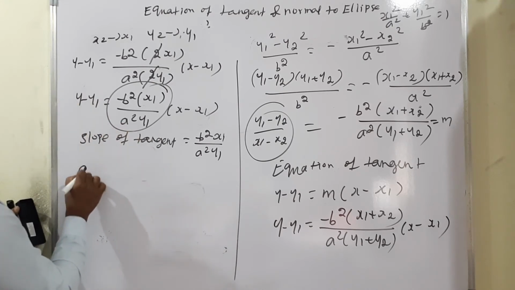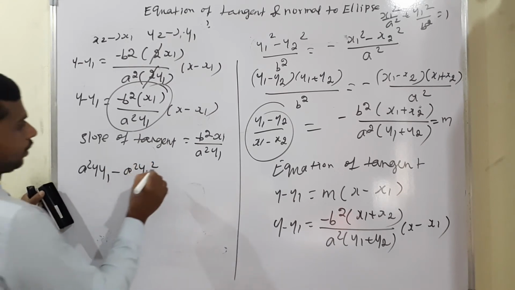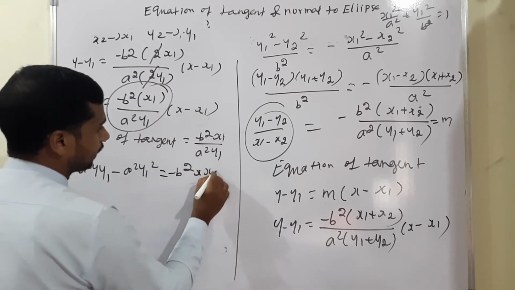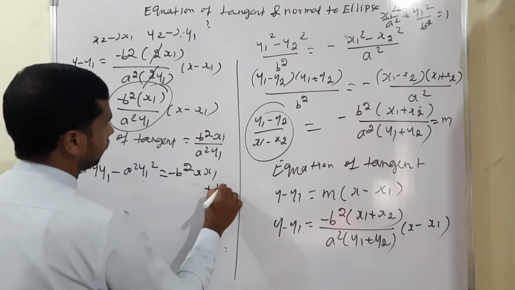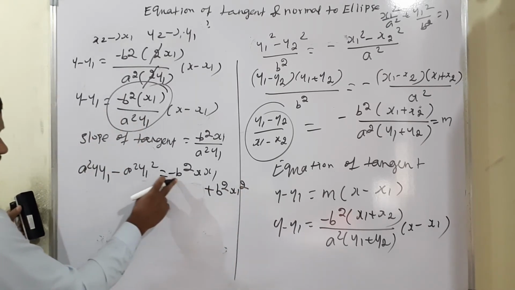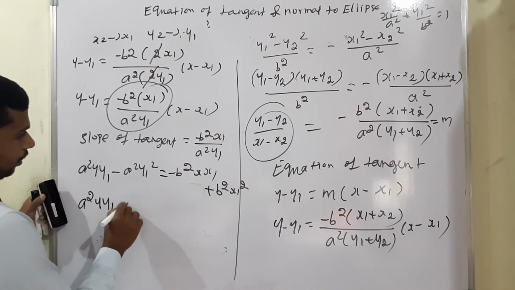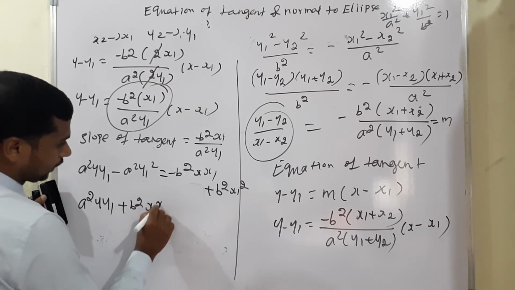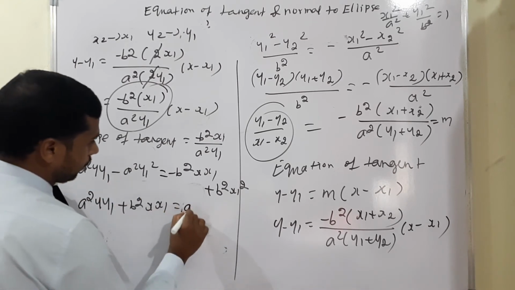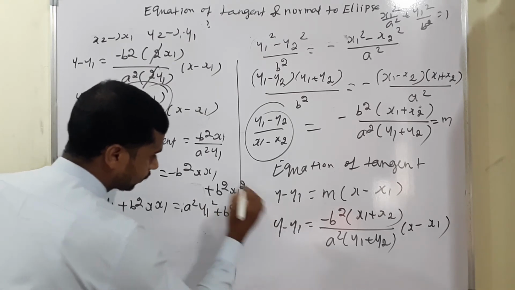So cross multiply means a square y1 y minus a square y1 square is equal to, then opposite side, minus b square x1 x, minus into minus plus b square x1 square, isn't it? Now plus term, minus term bring out opposite side, we can write a square y1 y plus b square x1 x is equal to a square y1 square plus b square x1 square.